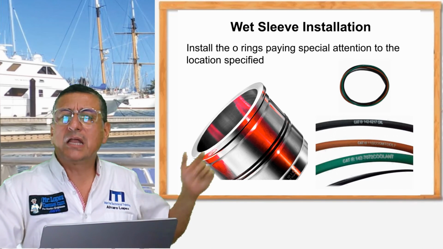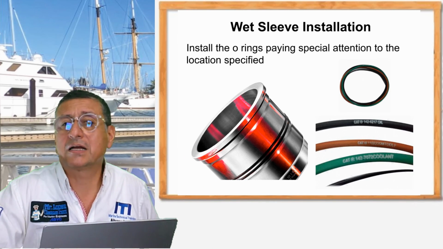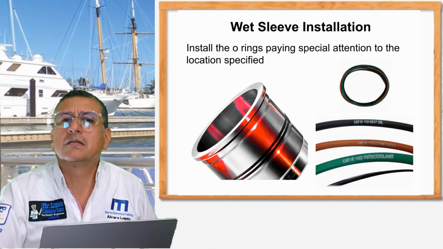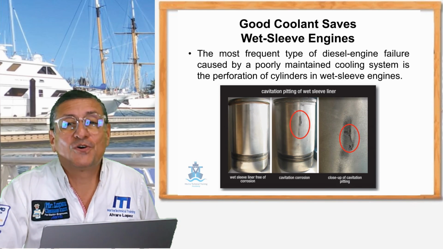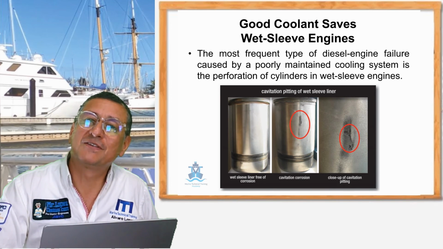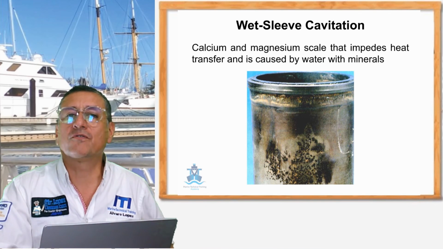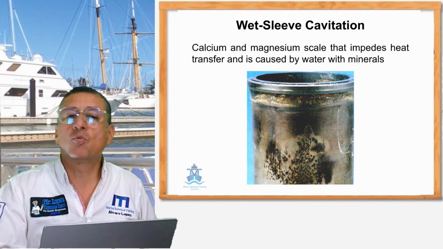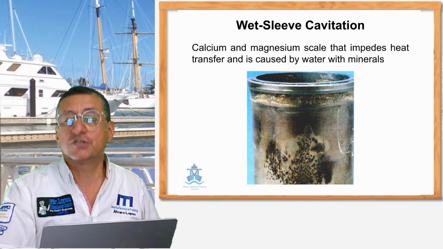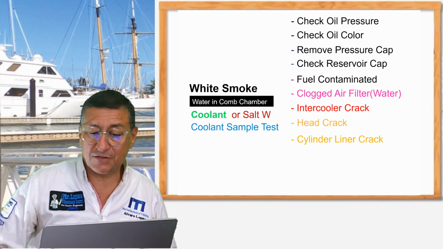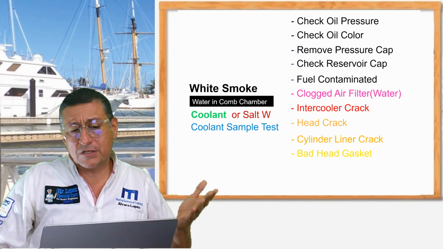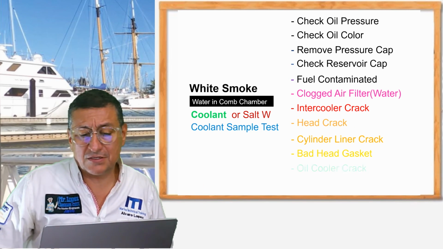What happens if those liners are cracked, or perforated by pitting corrosion or erosion on the external wall of the cylinder liner? Yes, the water penetrates and enters the combustion chamber. Problems with the cylinder liners are another possibility. Of course, head gasket damage is another possibility.